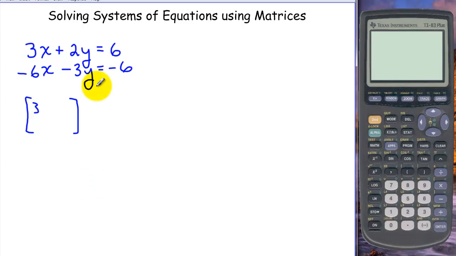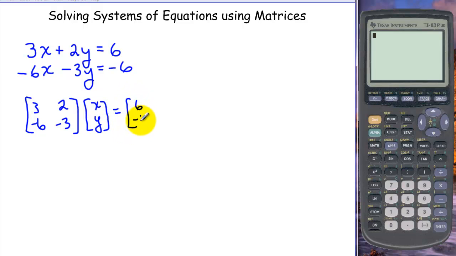Here we're going to take our y coefficients. We are going to make a matrix which is our variables. It'll be a column matrix. And then the right side of our equation.